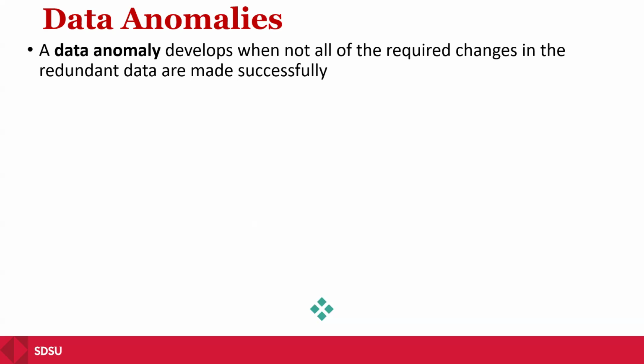Data anomalies develop when not all the required changes in the redundant files are made successfully. For example, if one department modifies the customer file and the routine that updates all the customer files doesn't fully run, or if the updates need to be done manually and they're not fully executed by humans, that is what causes data anomalies.